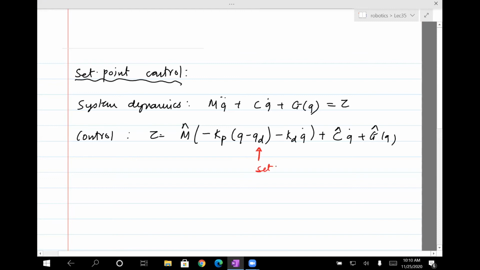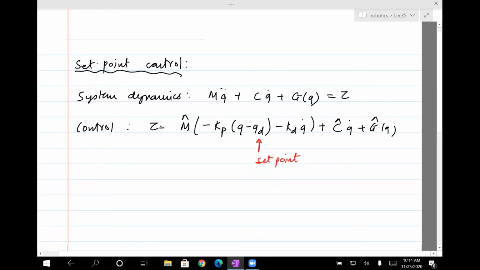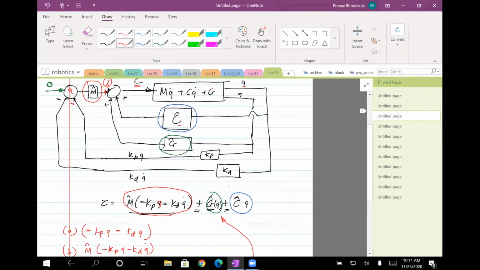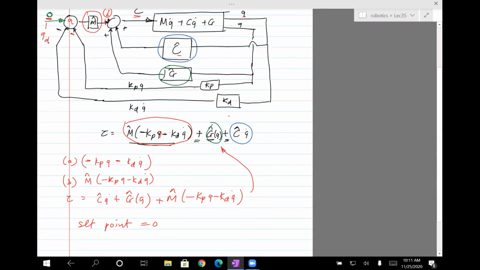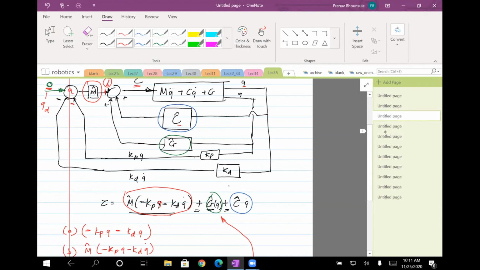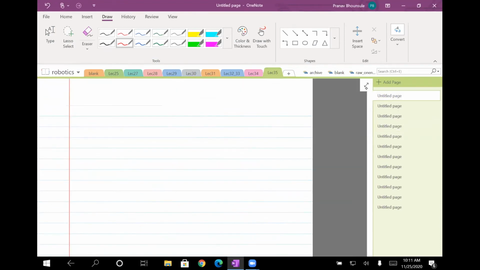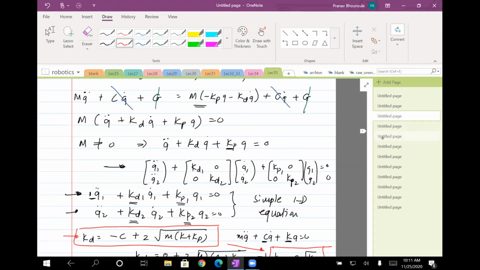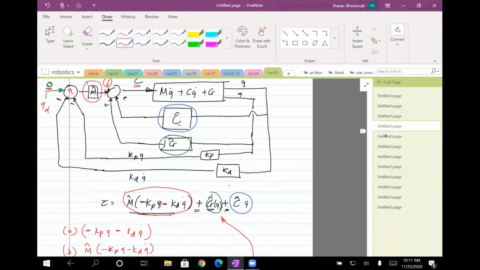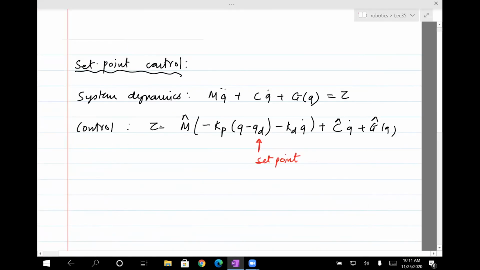This is the set point. Okay, and so you can redraw the diagram. The only difference in that diagram from the previous one is that right here we had a 0, you would get QD over here, and that's all the change that will take place in the block diagram for this particular system.